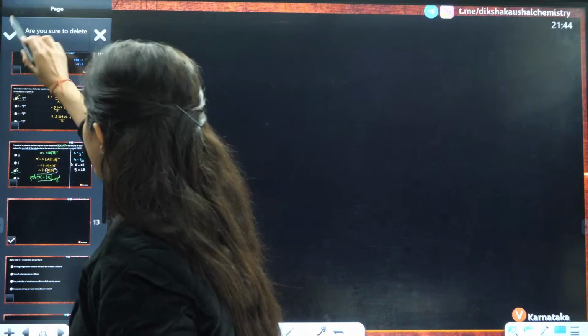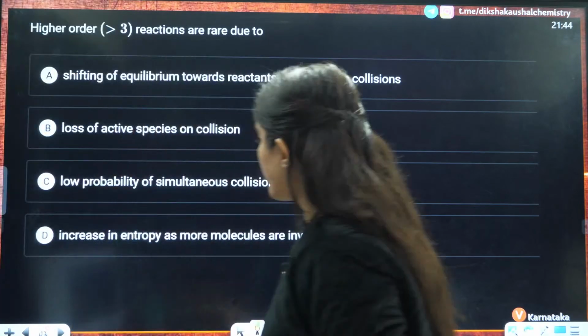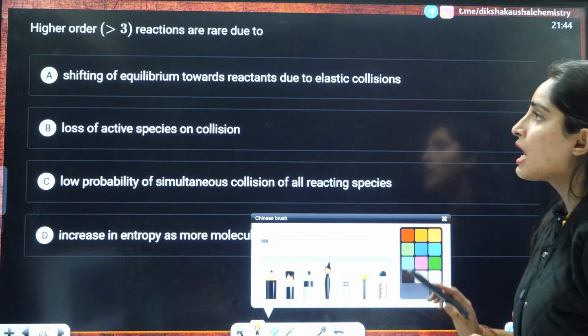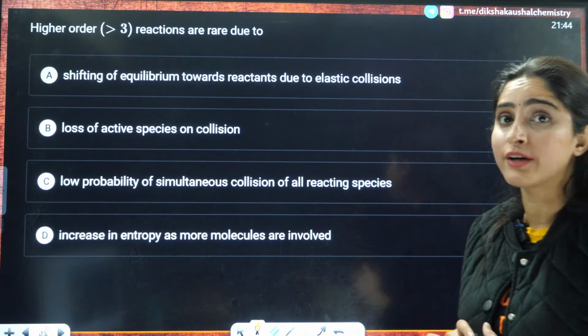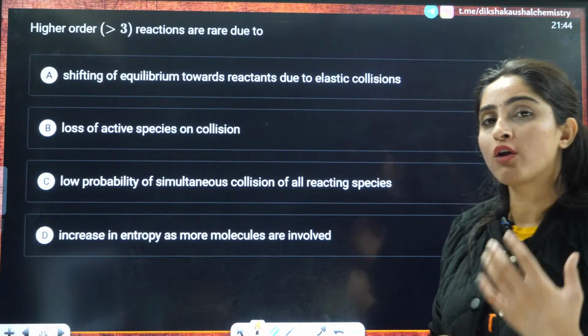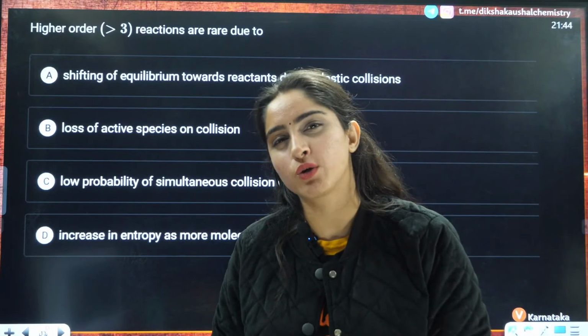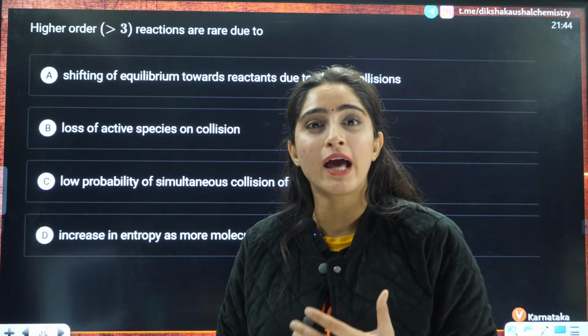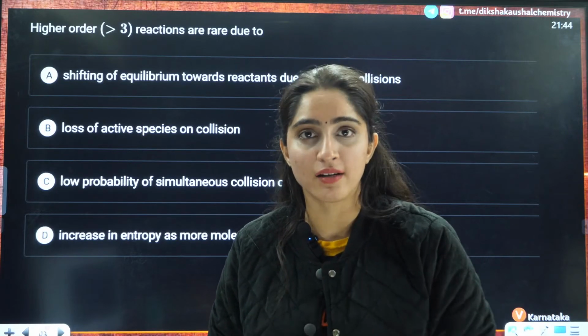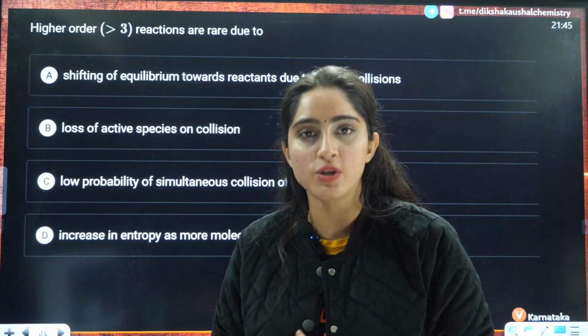Okay everyone, next question on your screen: higher order reactions, that is greater than 3, are rare due to what? Why do we always say that with more than 3 molecules it is very difficult for them to react in the slowest step? Molecularity more than 3 is very rare, almost impossible.